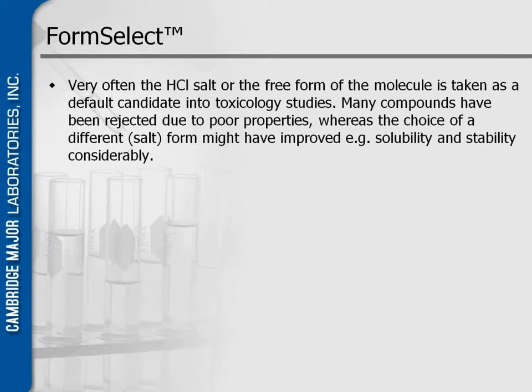It is not an optimal situation when you just take the HCl salt or the free form each time. The choice of salt and the choice of solvent from which you get it greatly improves your properties, and that can be solubility or stability.